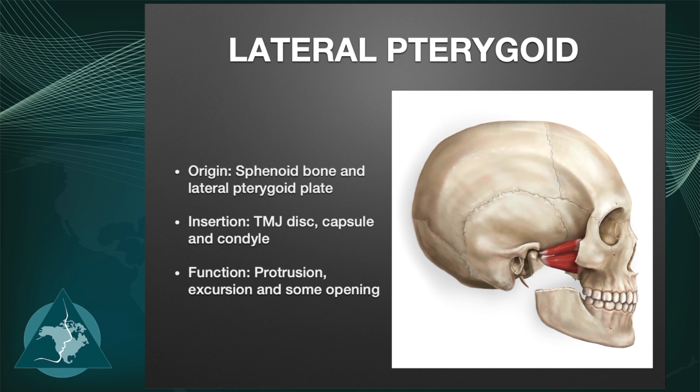So that's why you have to play these mind games about what happens if one side is locked, if one side is in spasm. How does that present clinically? If you have a disc displacement on one side, you try and open, you're going to deflect to that side. If you have a spasm of the lateral pterygoid on one side, it's going to deflect the mandible to the contralateral side. So then you could do a trigger point injection, you could do Botox, and so forth.